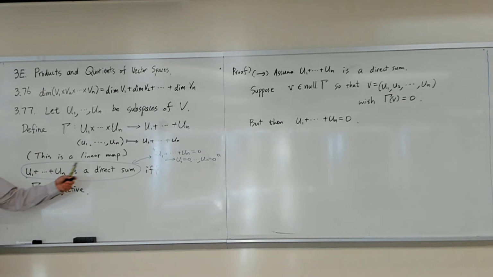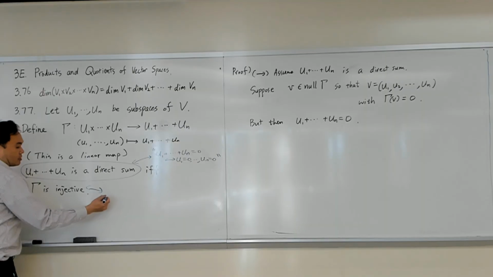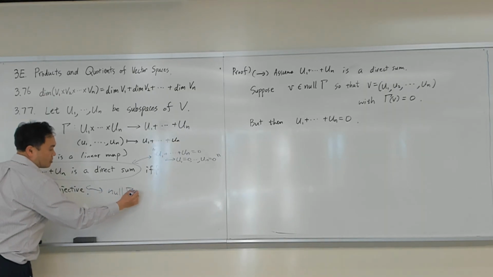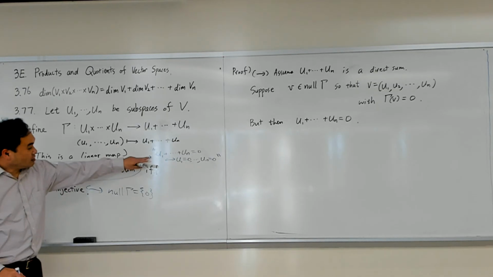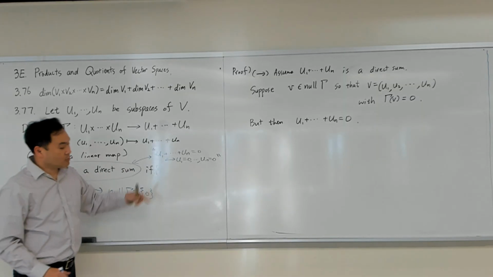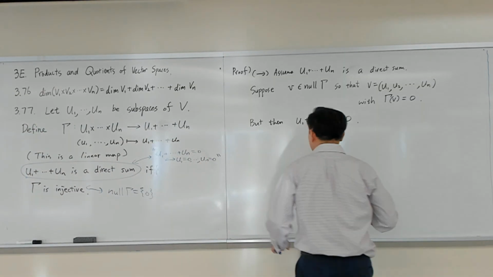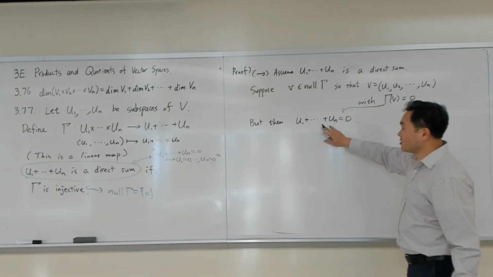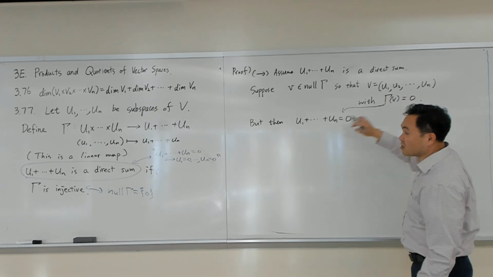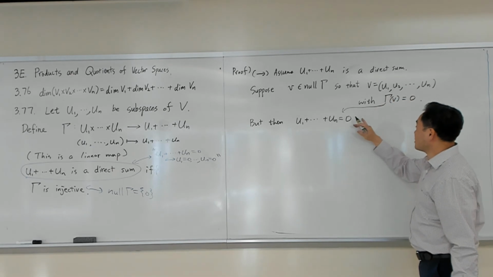So these two are equivalent, and these two are equivalent. So the strategy I'm taking is instead of showing that this implies that, I'm trying to show that this implies that. But then this is what this means. Just plugging this into v and then applying our map just gives you that.